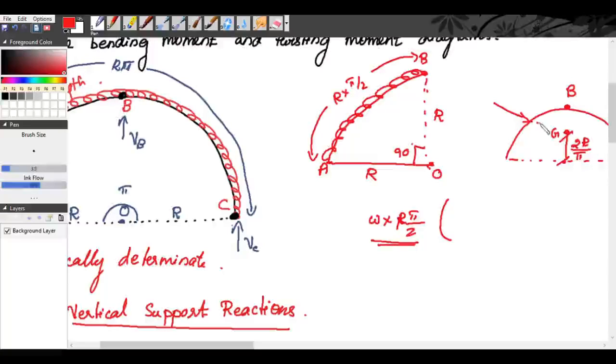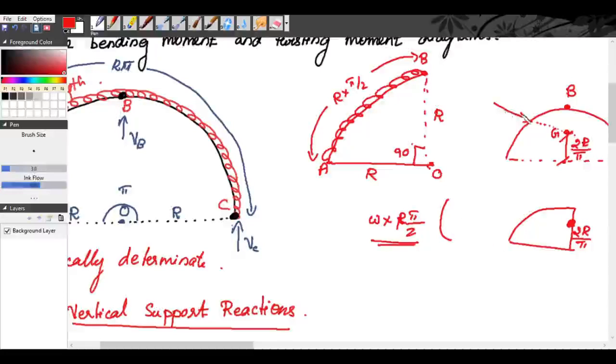That means this line of action of a force will pass through the center of gravity or centroid of the semicircle. If you take it as a quarter circle, this will pass through the center of gravity of the quarter circle. See, the centroid is the same. It is 2r by pi.